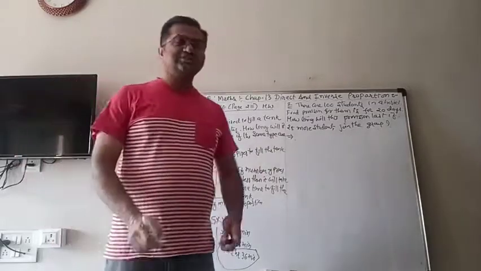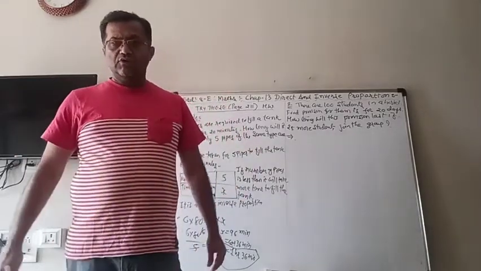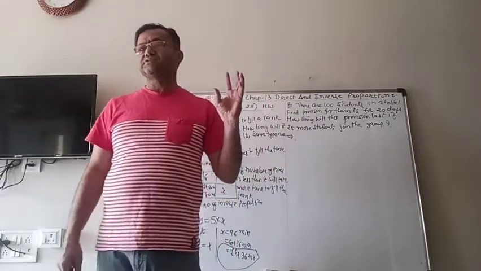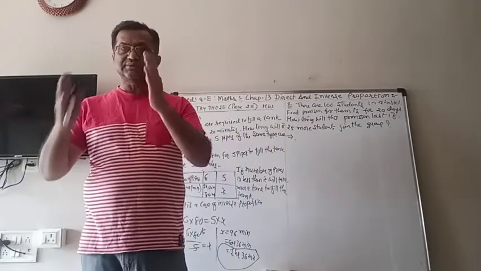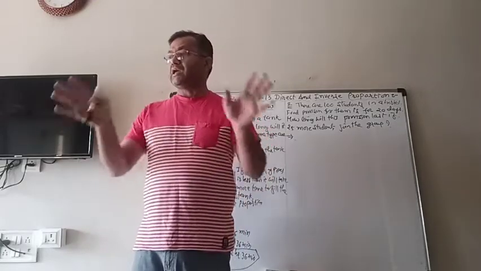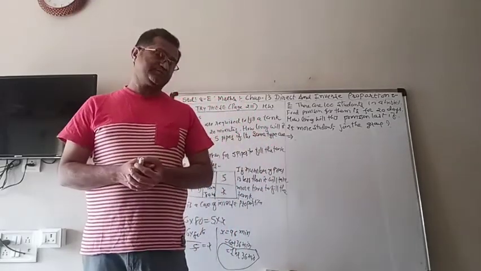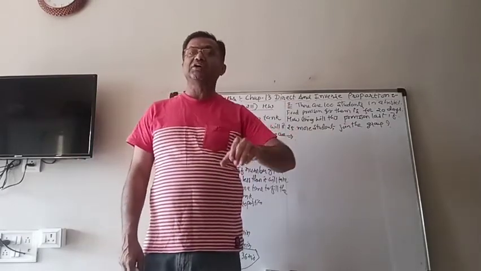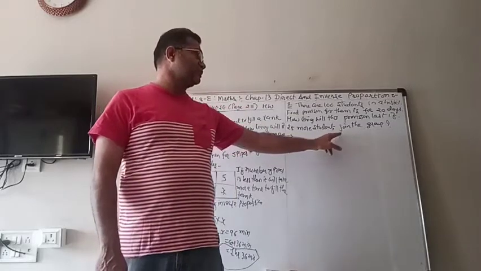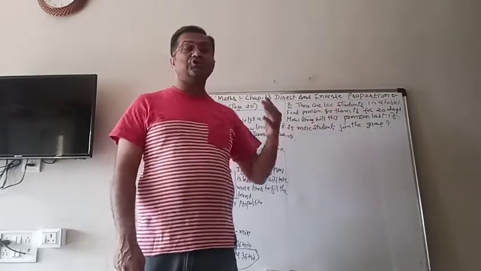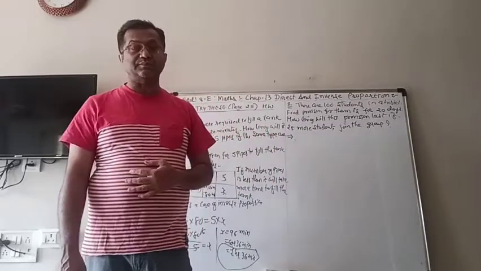So here also you can see that for 100 students, the food provision is only for 20 days. Then everybody will get the food. Now what happens? 25 more students are joining that group. Means 100 plus 25, total 125 students are there.